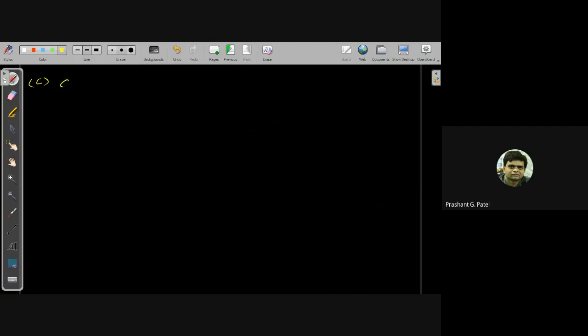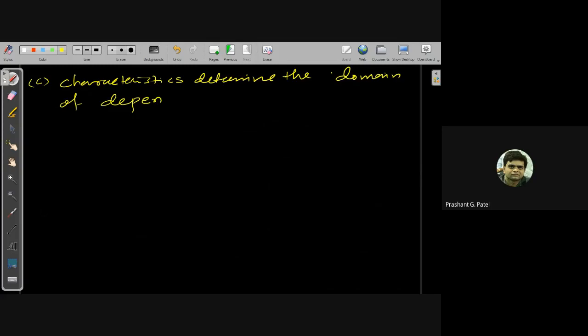That means characteristics determine the domain of dependence and the range of influence.